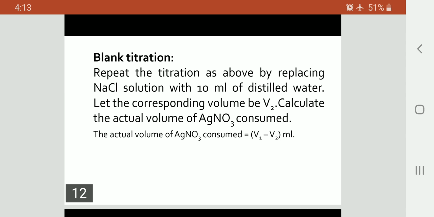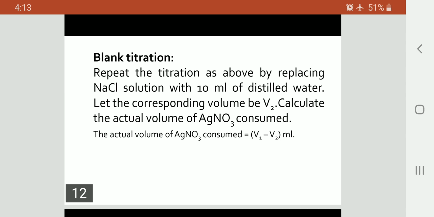So when we used NaCl, 2 types of chloride ions were there: one attached with the sodium ions, and another from the distilled water, which may contain some. So we perform this blank titration so that we can come to know whether the distilled water was containing any chloride ions. If it was, it has also consumed some silver nitrate.